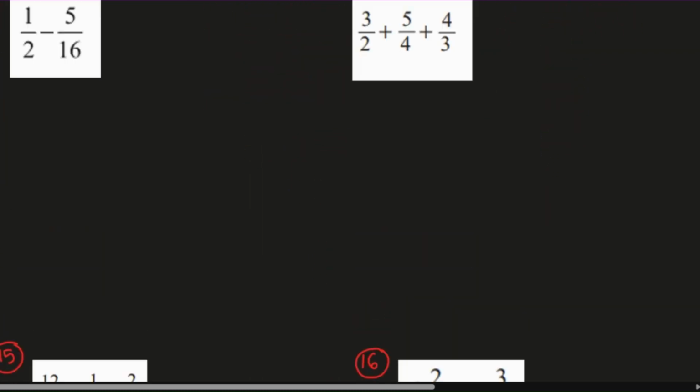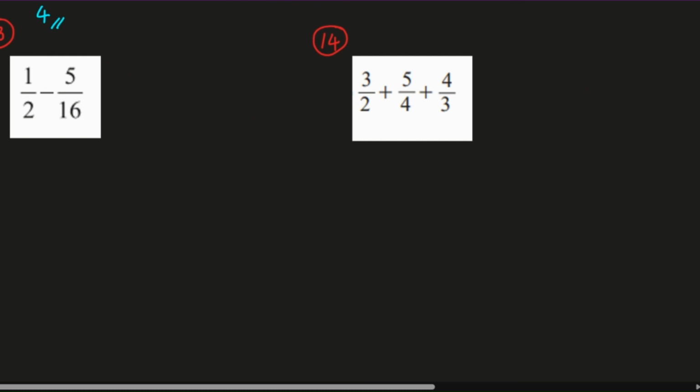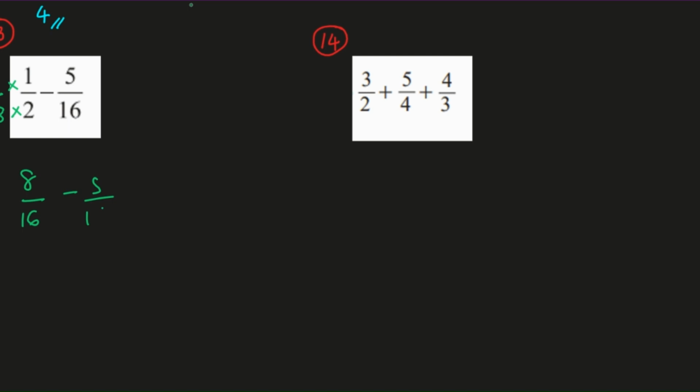Great. The next question, which is 13, and again it's easy. You can multiply both the denominator and the numerator by 8 in order to convert it into 16, right? So now let's calculate. 8 into 1, it's 8. 8 into 2, it's 16, minus 5 upon 16.